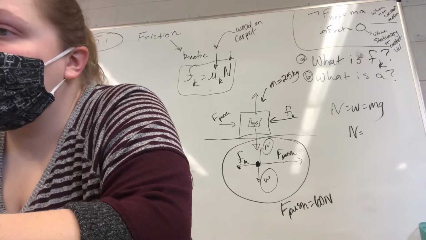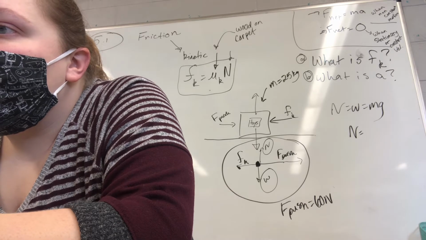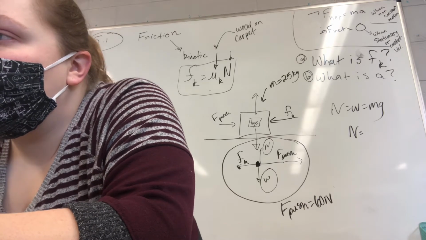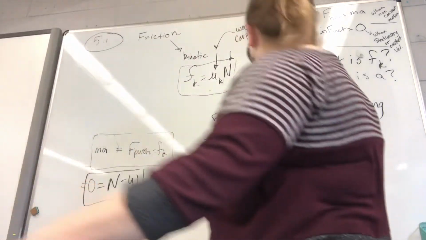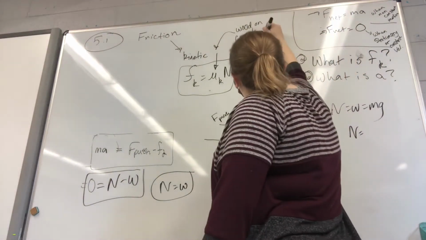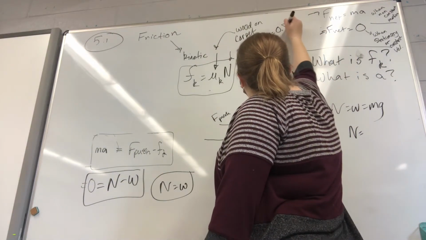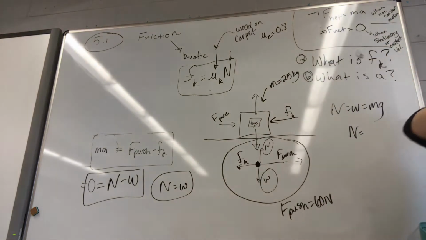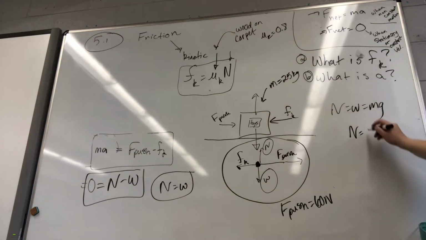I'm going to use the great Google. I got wood on carpet for kinetic friction is 0.8. For the N, I got 245 newtons. All right, and we got 245 newtons for N.